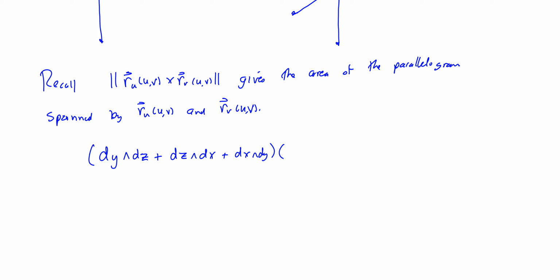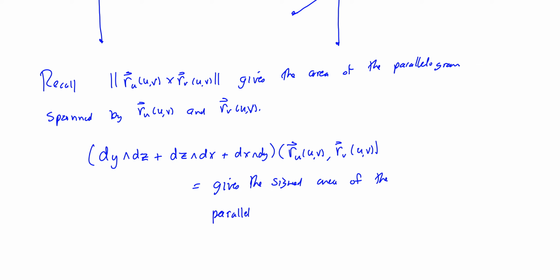Well, to get the area spanned by those 2 vectors, we should plug those vectors into this area form. So this gives the signed area of the parallelogram spanned by Ru(u,v) and Rv(u,v).